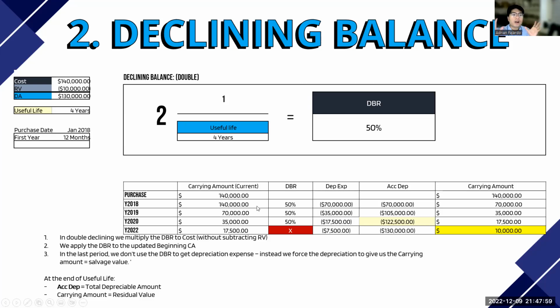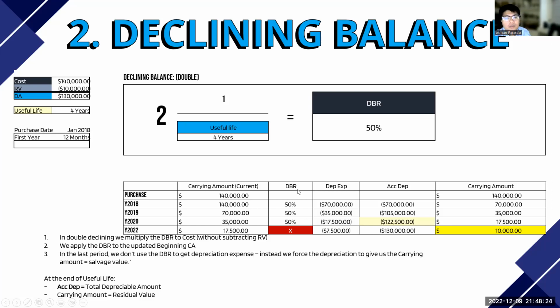And then again, so ano yung mga common mistakes? Common mistakes for declining balance is itong carrying amount at the start, ang ginagamit nila is the depreciable amount. Wrong. Wala tayong pake sa depreciable amount sa declining balance. What you multiply at the start would be the carrying amount, 140 at cost talaga.